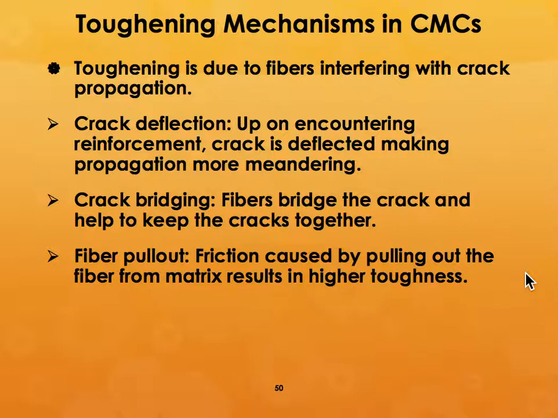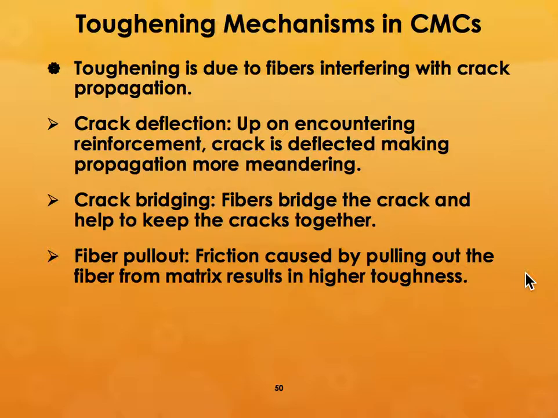Say for example you have a crack running through the middle of a room, and if you have trees all growing in the middle of that room, then that crack will find it very difficult to move from one corner to the other. So that is by having the presence of fibers to interfere with the crack propagation.